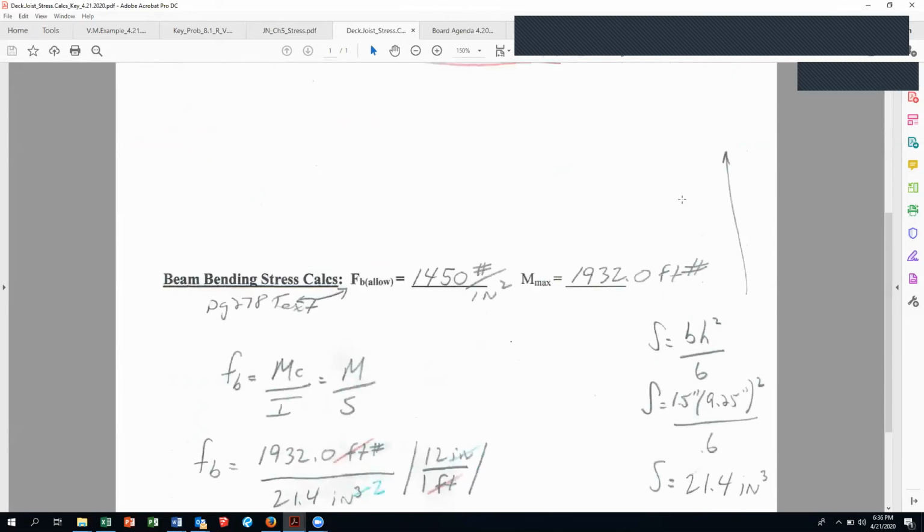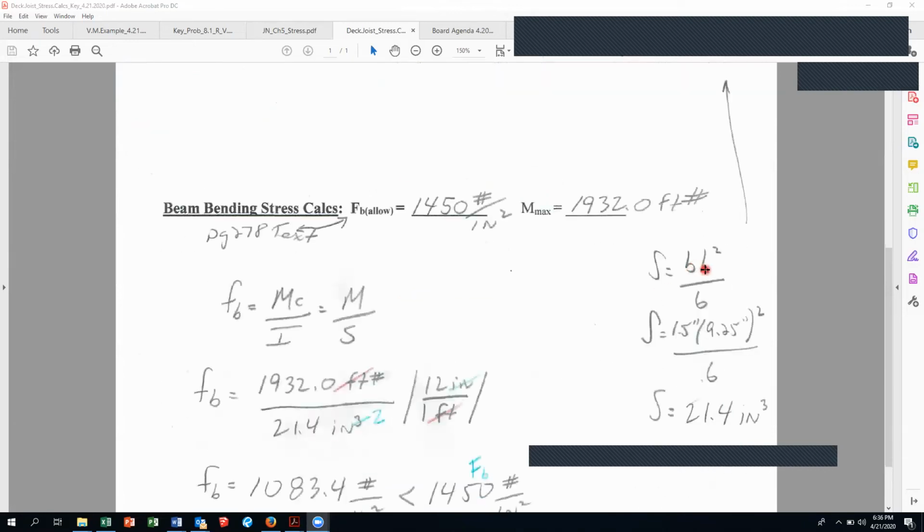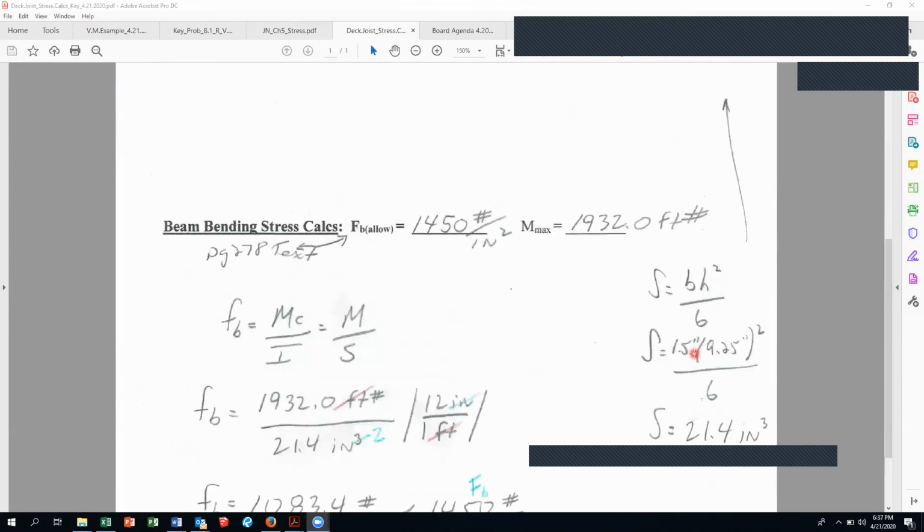And for a rectangular cross-sectional shape, if you look at that 2x10, 9 1/4 by 1.5 inches, it's BH squared over 6. I think that's on page 2 of the units handout. So again, make sure you have that units handout in front of you.